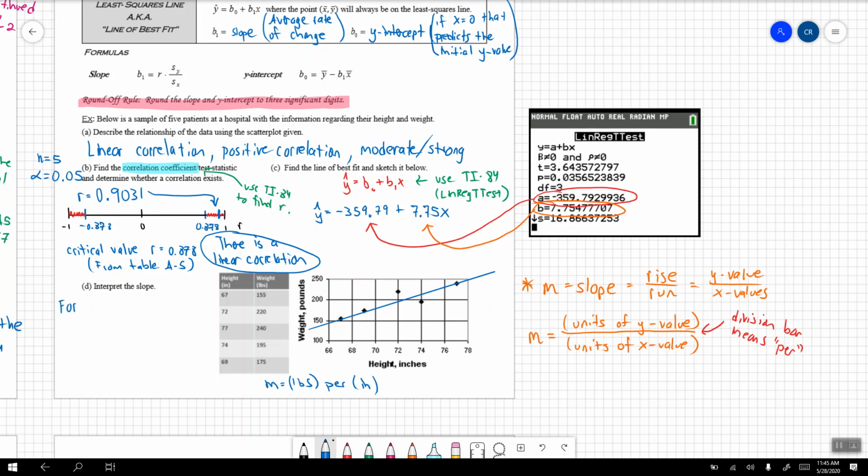This is going to tell me that for every inch increased, we would expect a person to weigh approximately 7.754 pounds more.